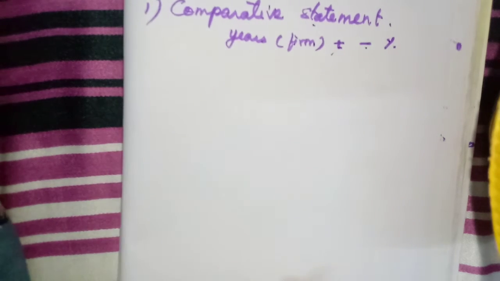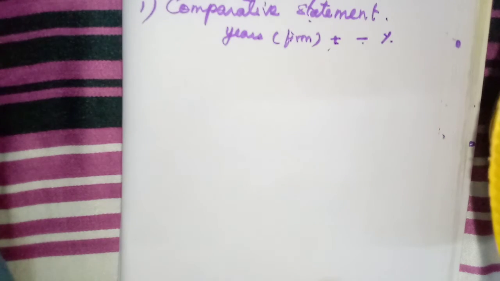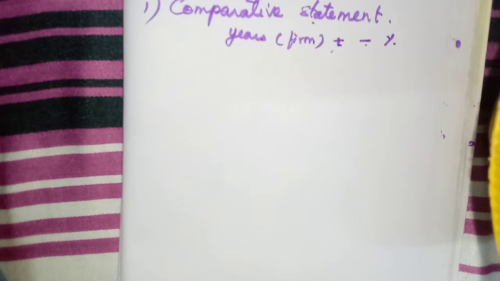You might have turned here. Revenue from operations, 2 years given, 15-16 and 16-17. First year 50,000, next year 60,000. Then other income 10,000, 30,000.